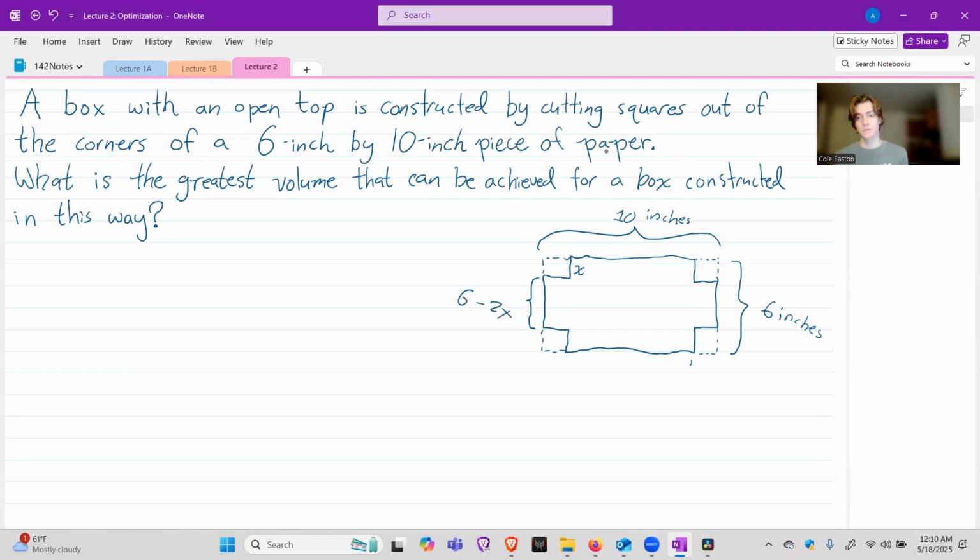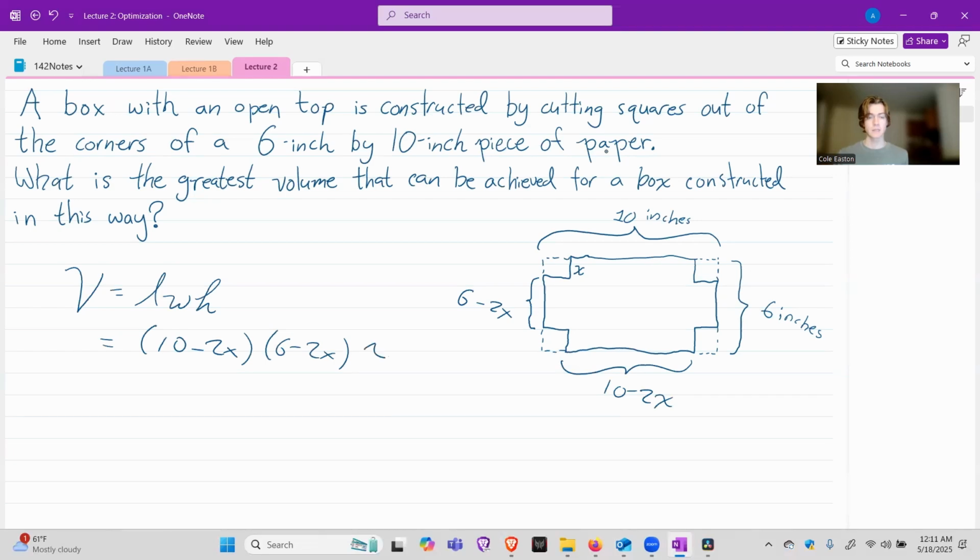And similarly, for the bottom here, we have 10 minus 2x. So as we just saw, volume equals length times width times height, where our length is 10 minus 2x, our width is 6 minus 2x, and our height is x.